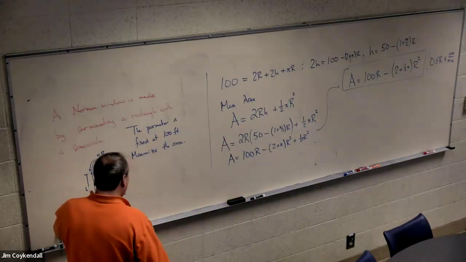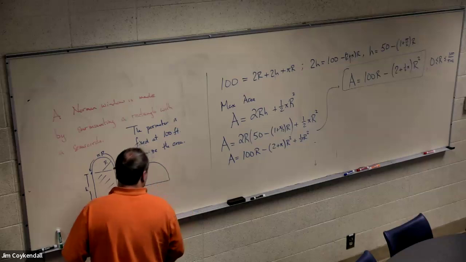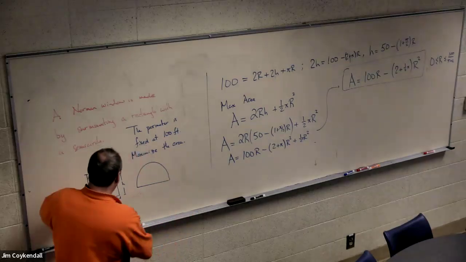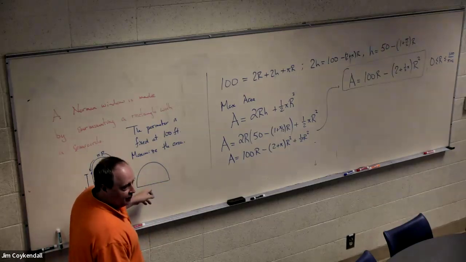And what happens when H equals 0? That means the circle gets bigger and this gets smaller, and essentially what you get is a semicircle.